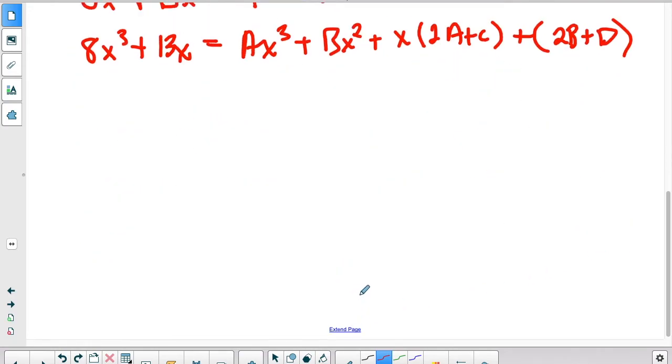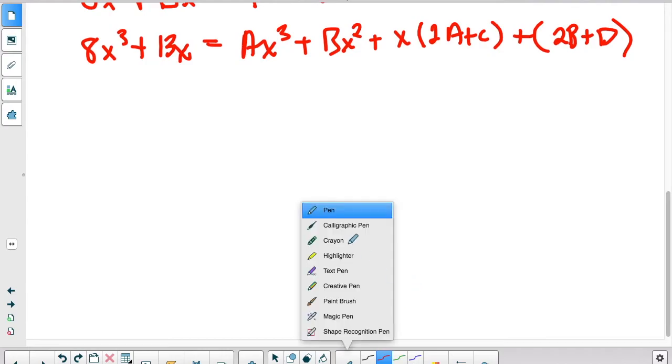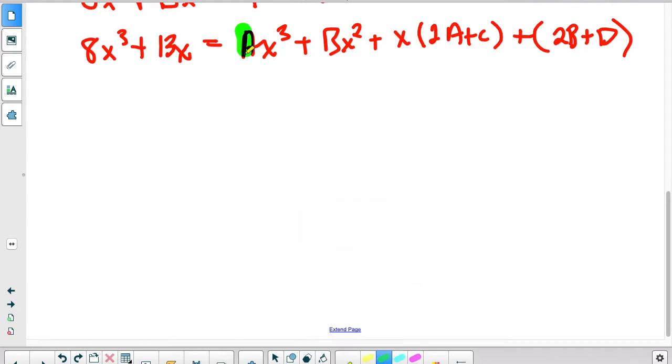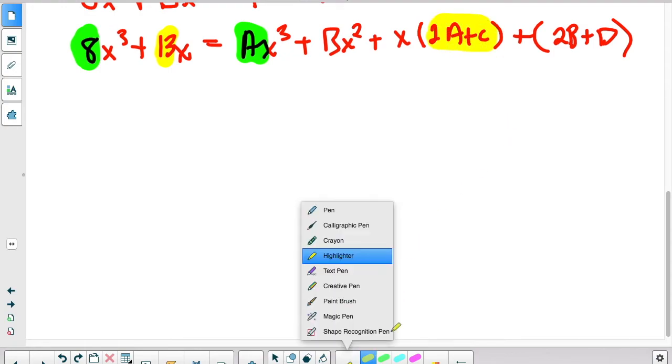So kind of like what we did on the last two, we're going to match them up. I'm going to get my highlighter out. So our a is going to match up with our 8. 13 is going to match up with our 2a plus c. Now you're probably wondering, well, what about the others?